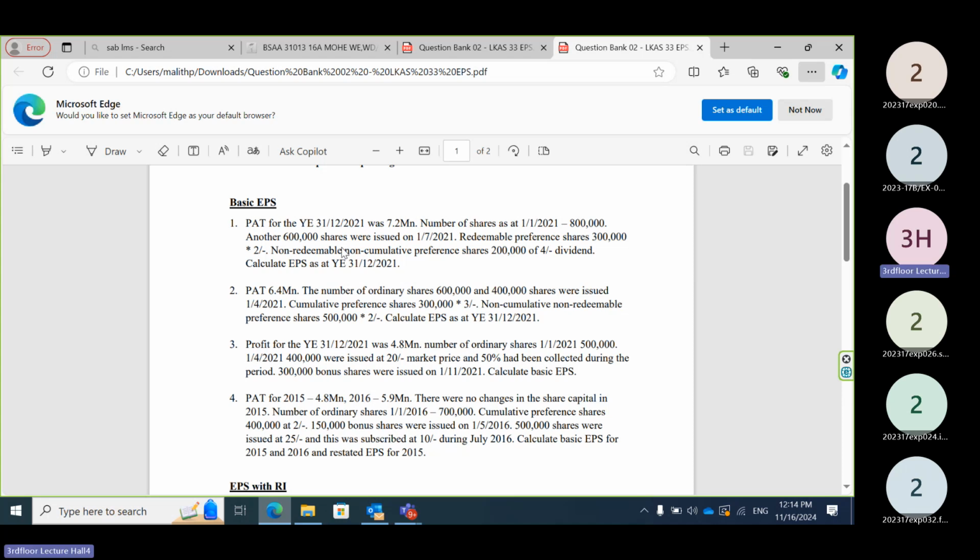Right. What's the question? Question number 1. The basic formula is basic earnings per share equals profit after tax divided by weighted average number of shares.